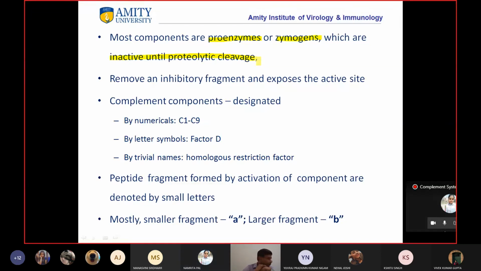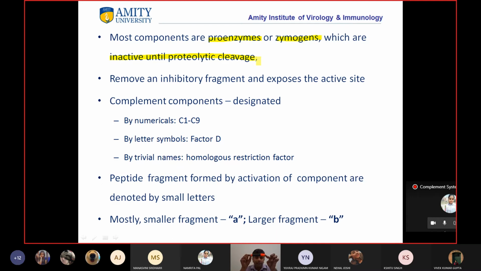Okay, so I'm trying to find something just to explain this to you. Let me see. Okay, I found it. Now see, just suppose this is your enzyme. Now this is in its inactive form. Why?